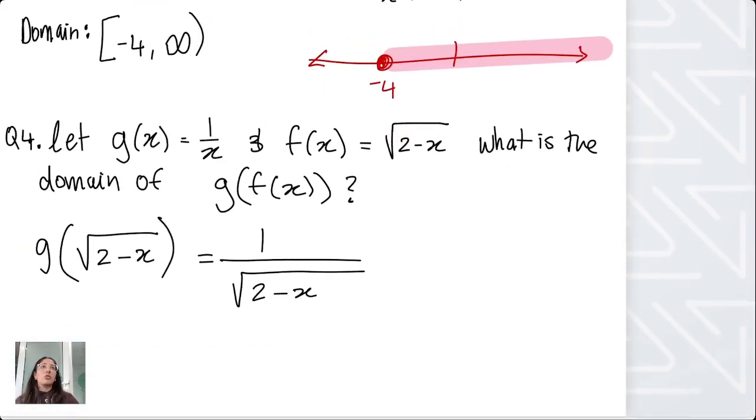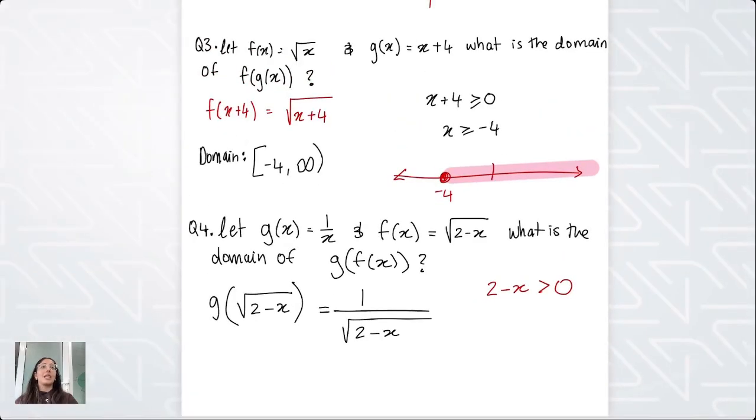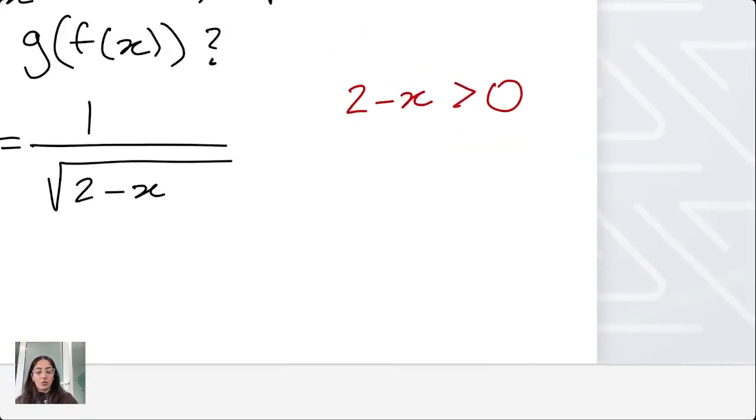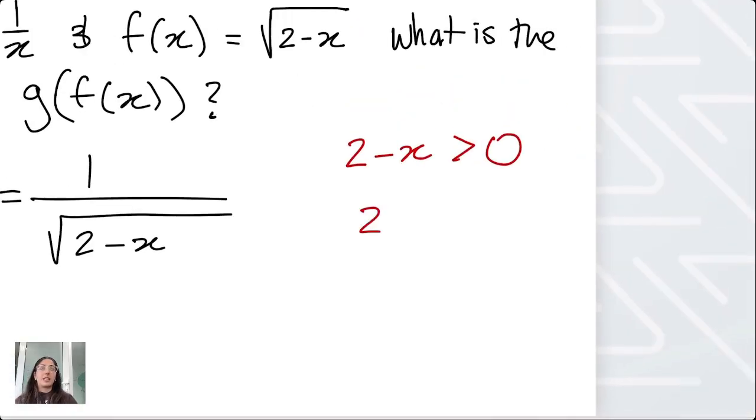You want 2 minus x, in this case, to be bigger than 0, not bigger than and equal to. Because not only is it in a square root, but it's also on the denominator, which means whatever's inside of the square root cannot equal 0 like it did before, okay? Because if it equals 0, then you're going to cause another math error. So this time we say that 2 must be greater than x. So x is less than 2.